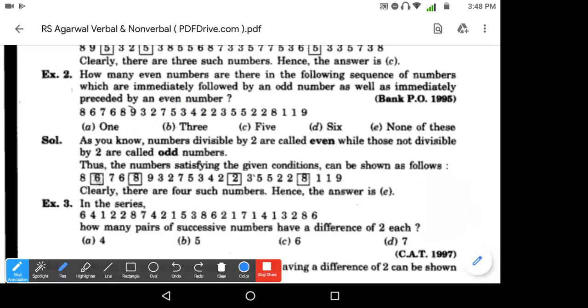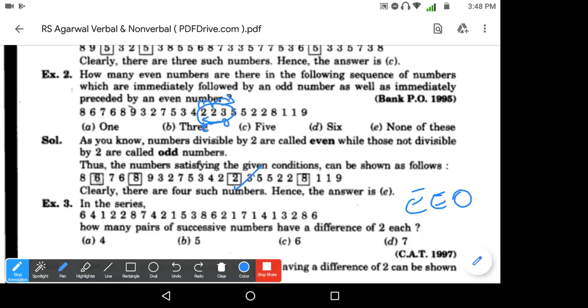Then 2 also not possible. Take this 2, the second one. If you see this 2, there is an odd number, that is 3, and there is an even number, that is 2. So we are getting even, odd as the combination. So this 2 is also considered.